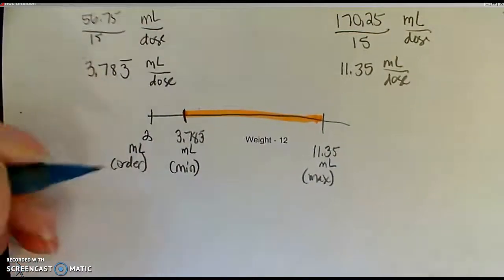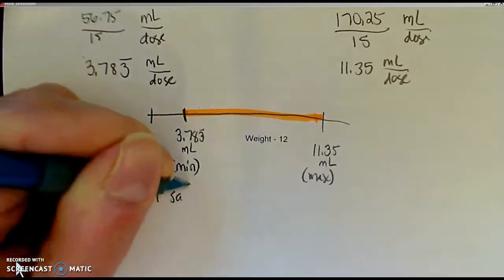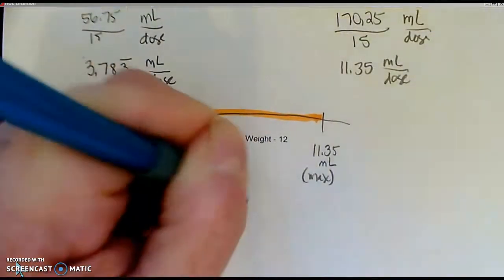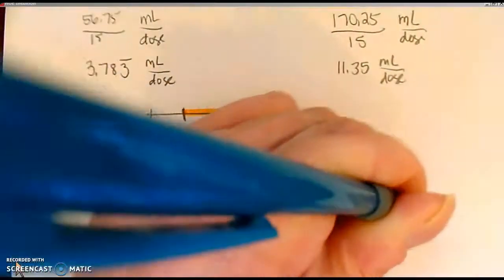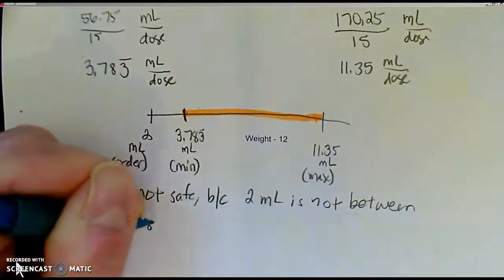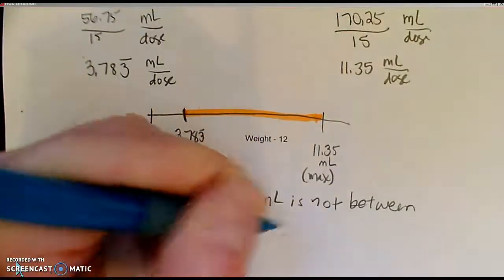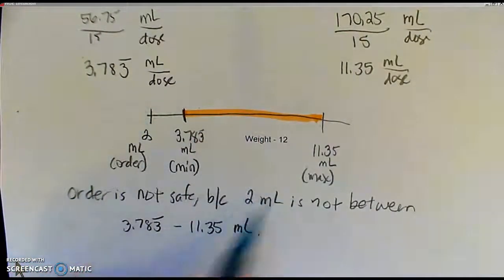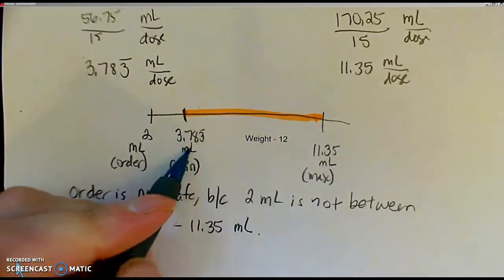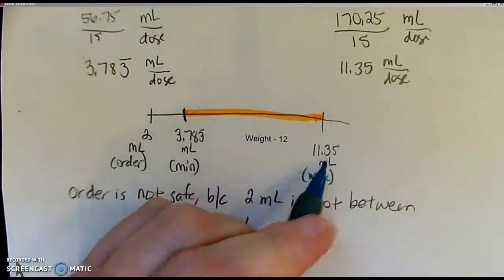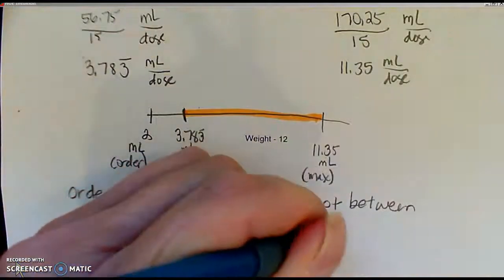So therefore, the order is not safe because 2 milliliters is not between 3.783 and 11.35 milliliters. Okay, and the reason why it's okay to compare these is this is milliliters for a dose. This is the minimum number of milliliters for a safe dose, the maximum number of milliliters for a safe dose. So this is an underdose.